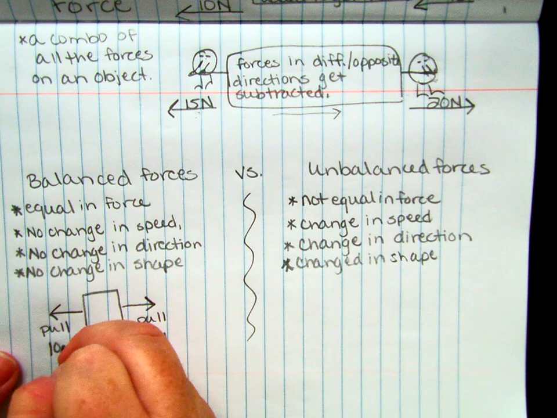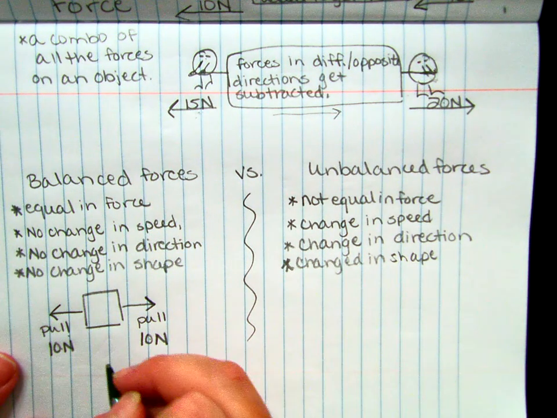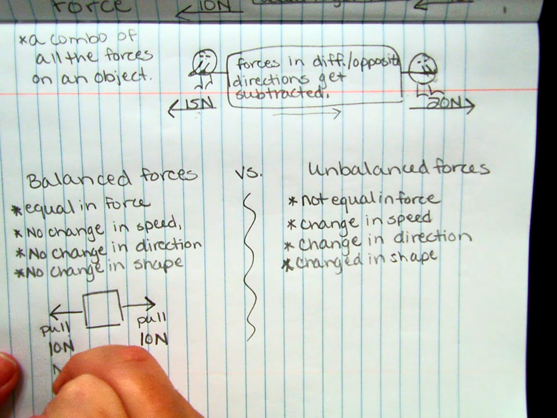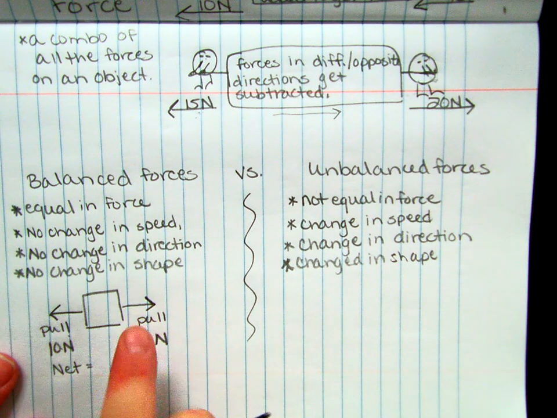Now remember, if they're equal, nothing moves. So this box is virtually going to stay in the same place. But we need to calculate net force. And since they're opposite in direction, we are going to subtract.